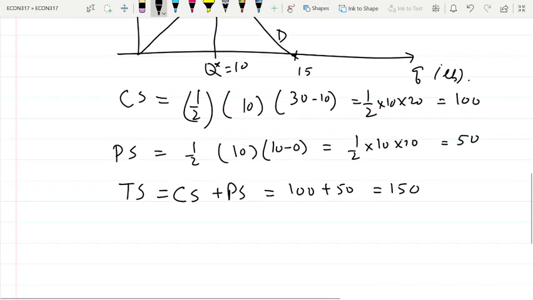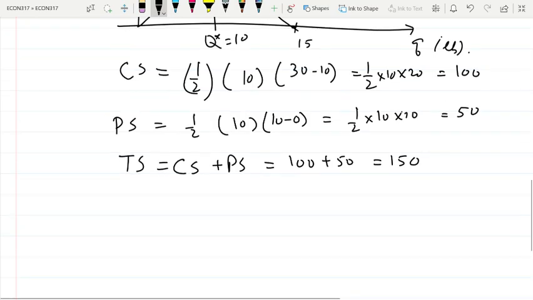We also know that if the market is not at equilibrium, which means the price is different from $10 per unit, then it could lead to either a shortage or a surplus. So let's take a price higher than the equilibrium.